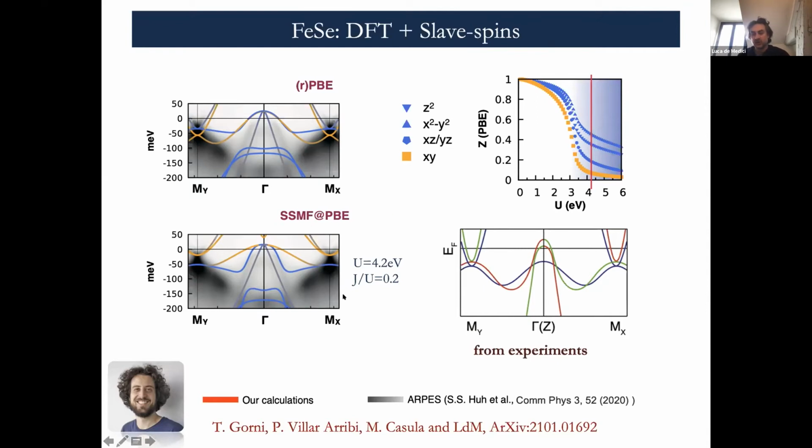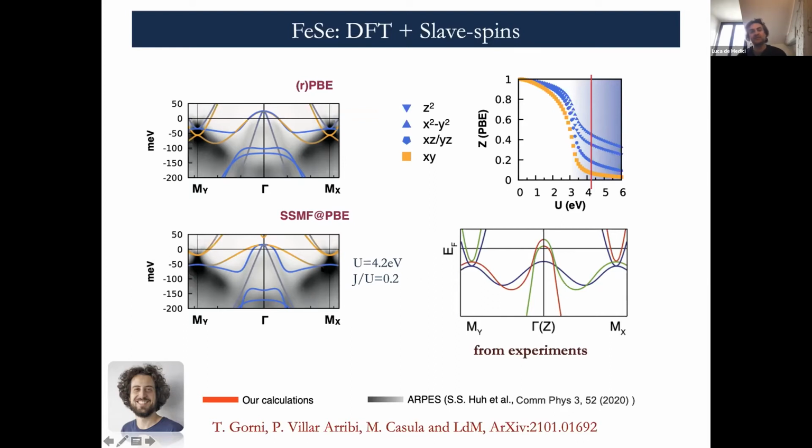And this is just to show that slave spins on the traditional DFT are not able to reproduce in detail these bands. This is what we have. In particular, I would like to focus on the fact that here the XY band is in yellow and it's still at the Fermi level at gamma, whereas again, this is what I called your attention on before. I would like to see it sink.